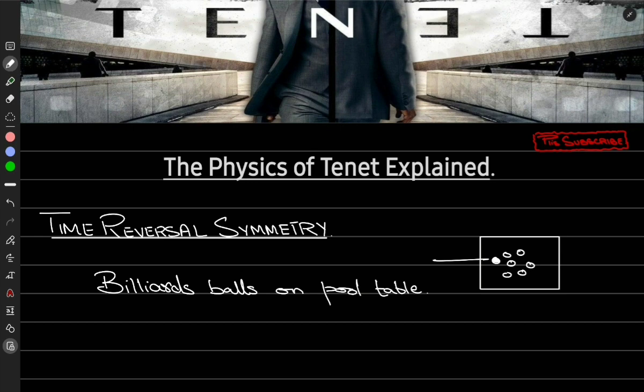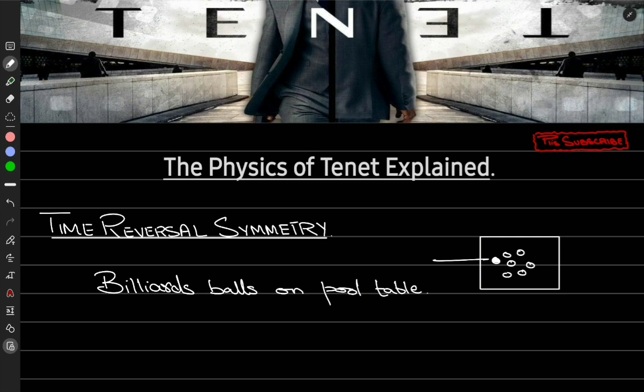What you would see is that the balls would be moving in a way that is consistent with the laws of physics, right? You would see them moving with the same physics that they initially moved with, and even when they're moving backwards in time, so to speak, they would be moving consistent with the laws of physics.